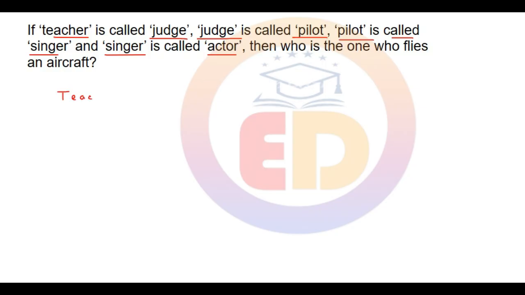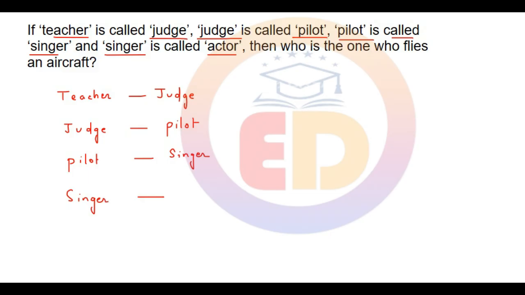Teacher will be called a judge. Judge will be called a pilot. Pilot is called a singer, and a singer is called an actor. Now let's move on to the question.